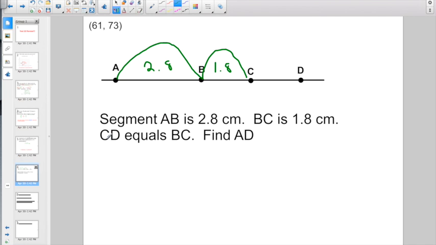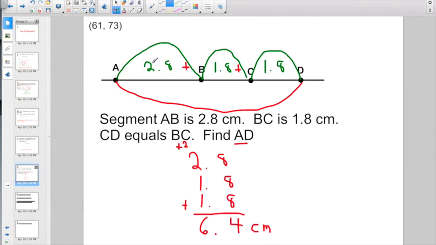And now it says segment CD equals segment BC. So if BC was 1 8/10, segment CD also has to be 1 8/10, right? And so now they just want to know what is the total length of this segment, of segment AD. All we're going to have to do is go ahead and add up these three pieces, right?